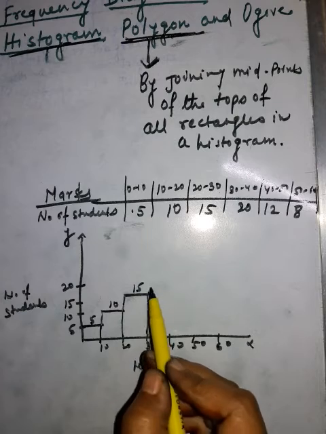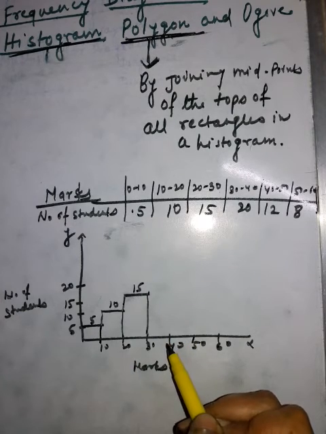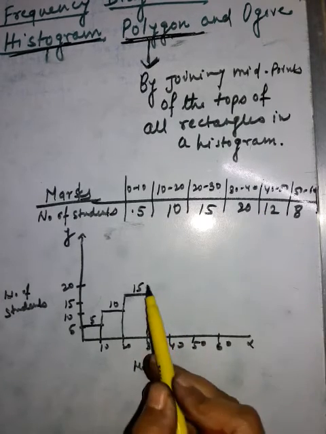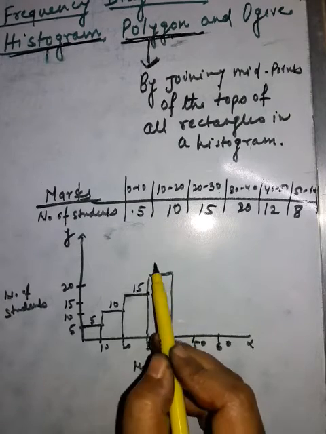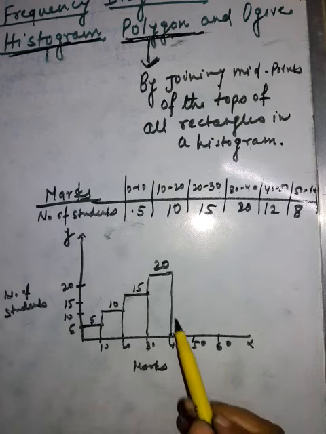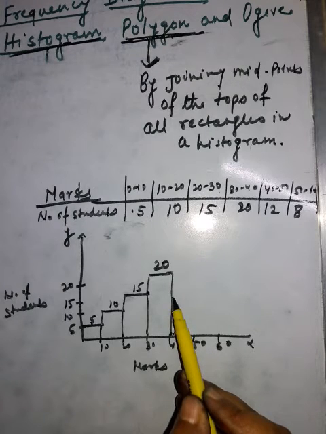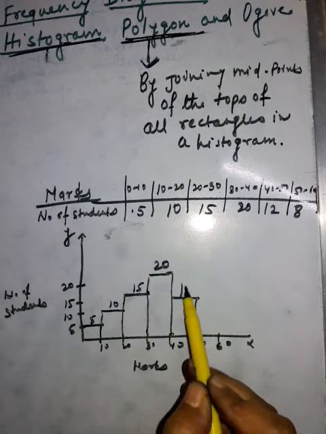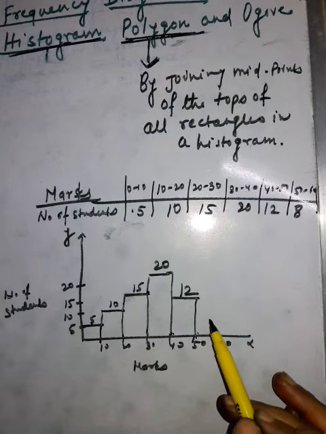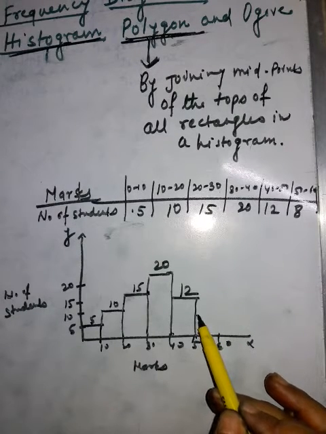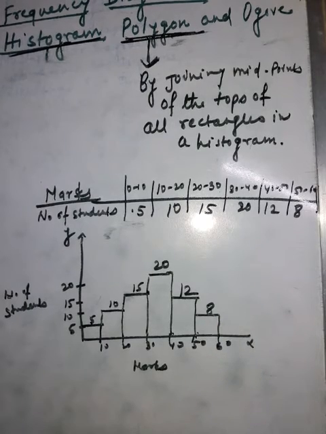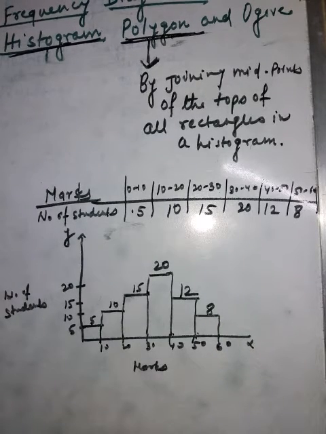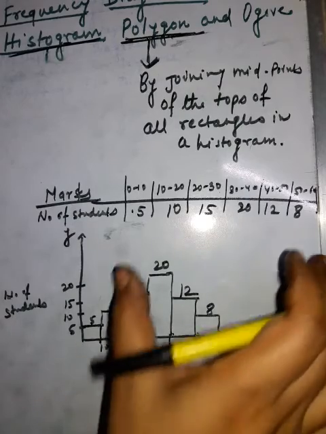So 15, then 30 to 40 is 20, and 40 to 50 is 12, that is almost here, and 50 to 60 is 8, here 8. Okay, that is the histogram.